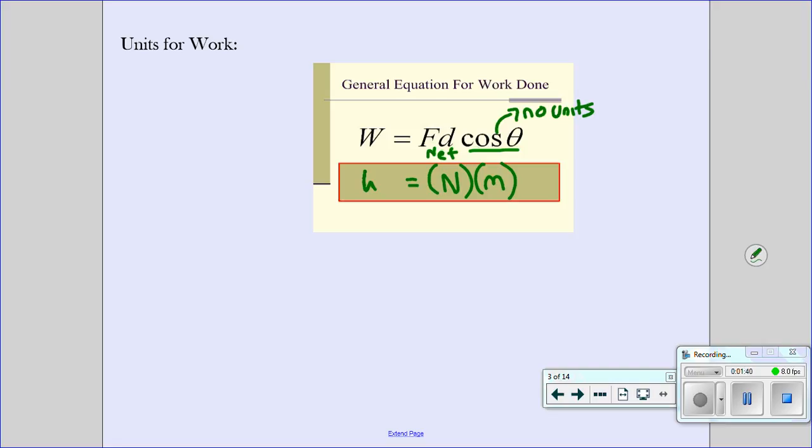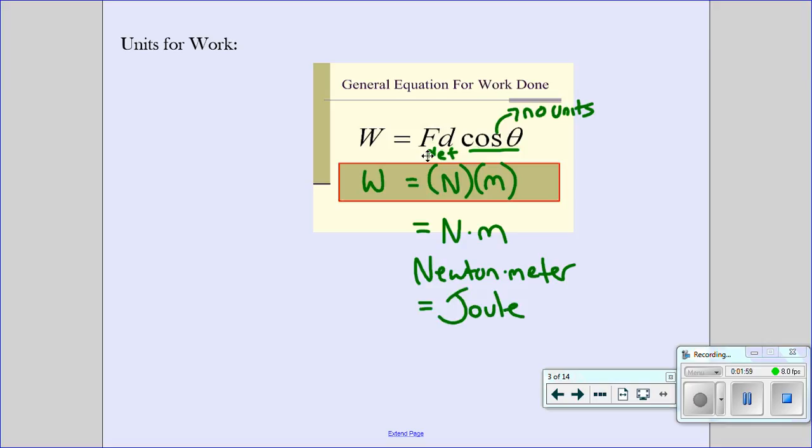So the units for work are called the newton meter. And the other way we can say this is that the newton meter is also considered the joule. And you may have talked before in other science classes about the joule being a measurement for energy.